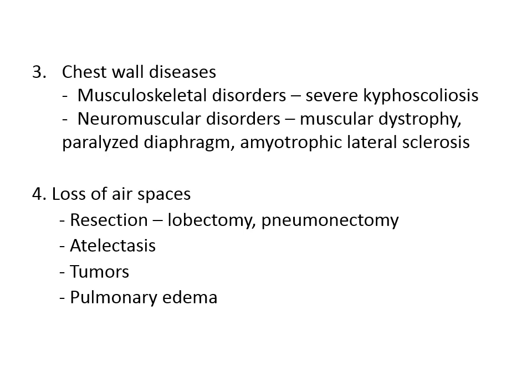In chest wall diseases, we have musculoskeletal disorders like severe kyphoscoliosis, and neuromuscular disorders like muscular dystrophy, paralyzed diaphragm, and amyotrophic lateral sclerosis. And loss of air spaces due to lobectomy, pneumonectomy, and due to atelectasis, tumors, and pulmonary edema.